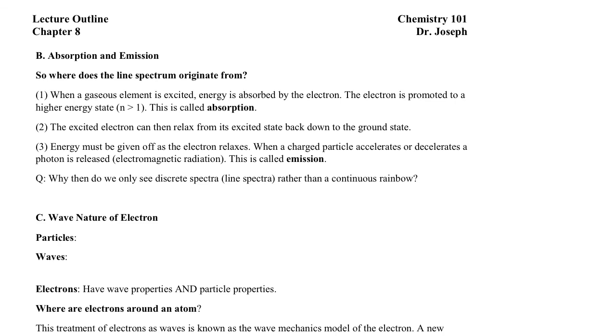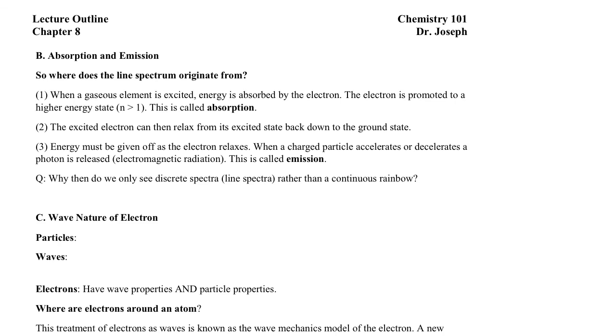And when that happens, the charged particle, the electron, is sort of accelerating or decelerating in an electromagnetic field. And that causes a photon to be released. This is called electromagnetic radiation. And specifically, this process is referred to as emission, or the emission of a photon.